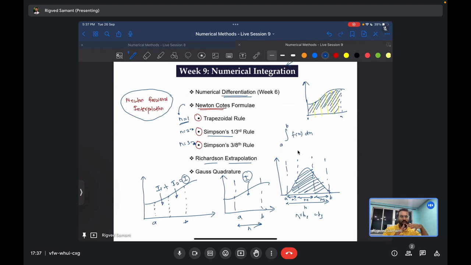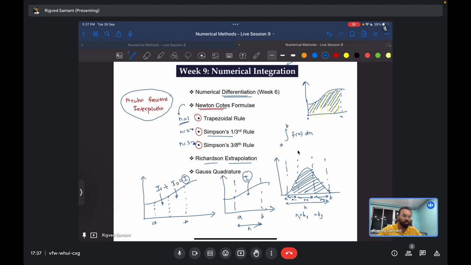So to reduce these errors, there is this extrapolation formula that has been given by Richardson, which helps in reducing the errors in the analysis, or getting to a better value, getting closer to the true value. So what we do in Richardson extrapolation is, we will find the value of the integral using different interval levels for the same method.